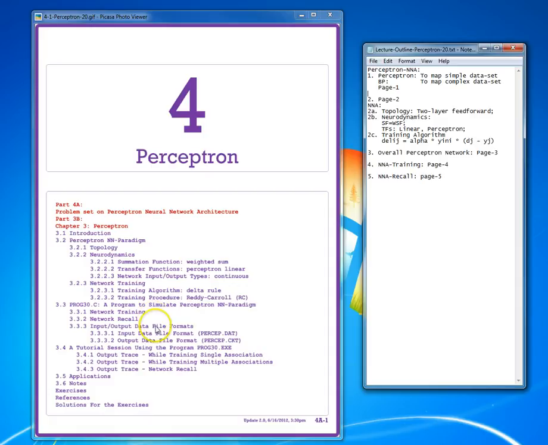It runs both in training mode and in recall mode. It also shows examples of how to run it and capture the details of the simulation trace, what the individual values are and how they are obtained. Details of these programs are listed in this topic. In our case, we are going to look into a specific program and a specific data set, and we'll train it and recall it.